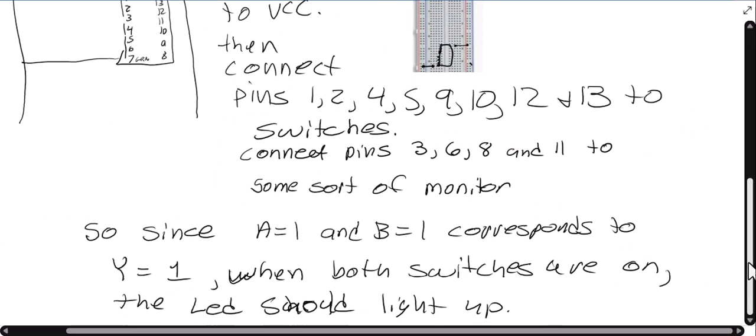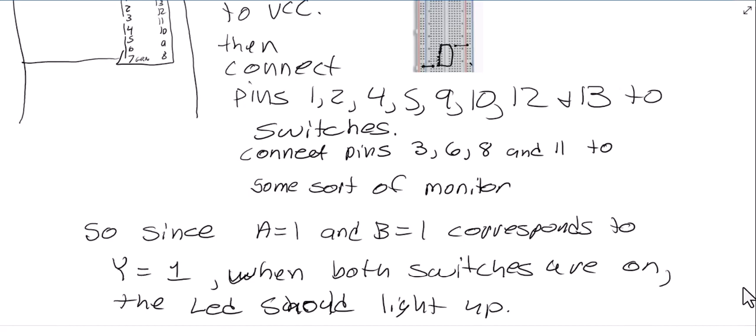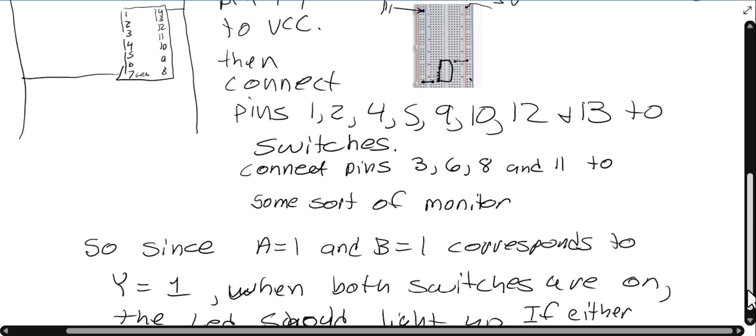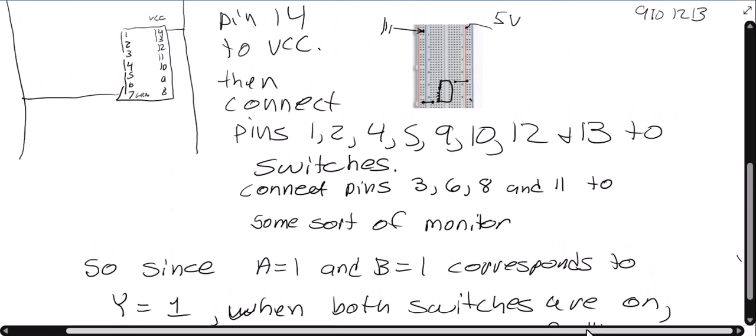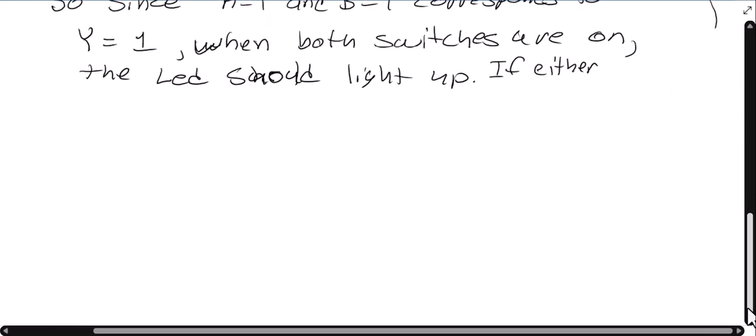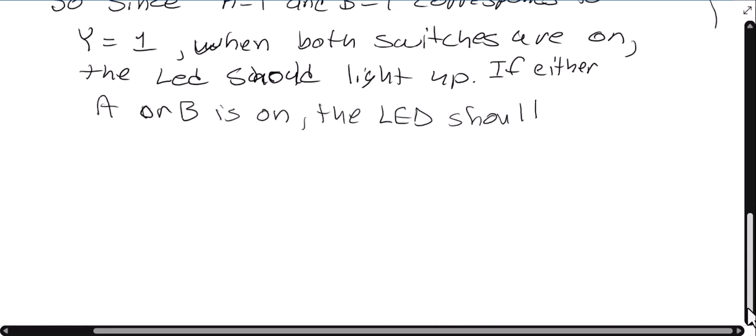So this next sentence I'm going to write is not going to be true for yours. For mine, I would say if either A or B is on, the LED should light up.